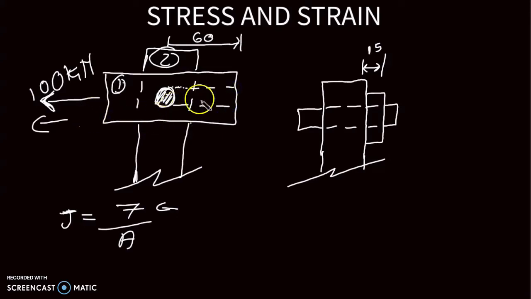And we know that the area that we will be dealing with must be parallel to this force as it is being applied in that direction. So we are going to say this portion will be taken out from object number 1. What will that portion look like after it has sheared, or after it has been separated from object number 1?